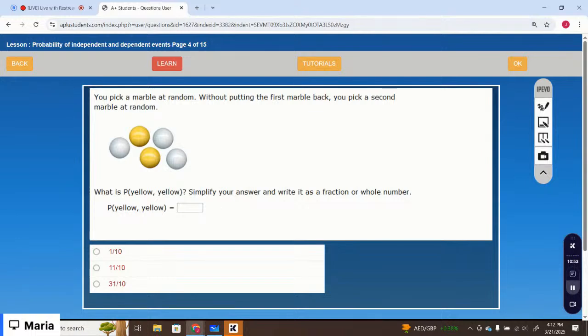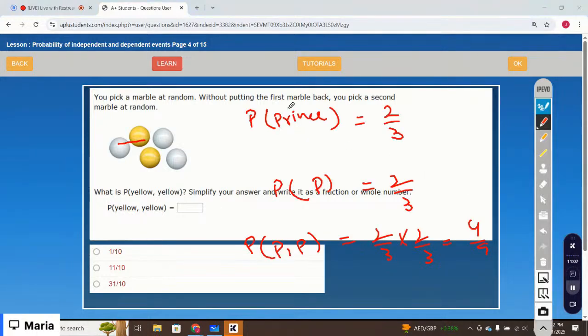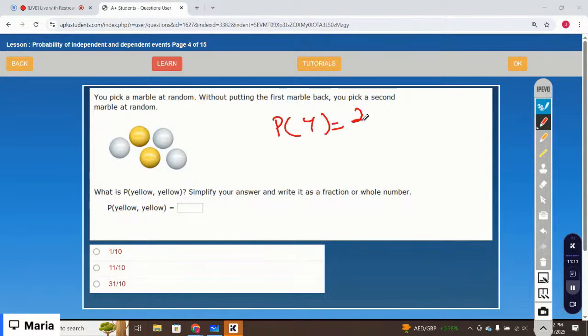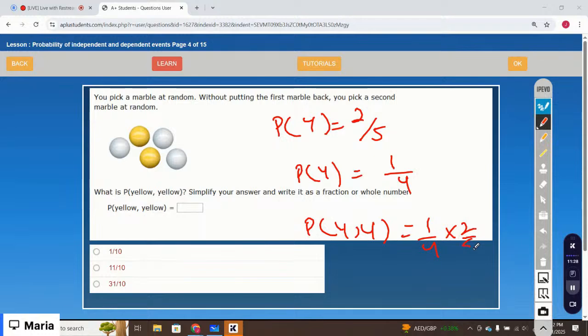You pick a marble at random. Without putting the first marble back, you pick a second marble at random. What is the probability of yellow and yellow? So the probability of yellow for the first time, we have 2 yellow out of 5, right? And for the second time, we didn't put the first marble back. We have now 4 marbles and only one of them is yellow, right? So the probability of yellow and yellow, you have to multiply them. 1 by 4 times 2 by 5 is 2 over 20, or 1 over 10.